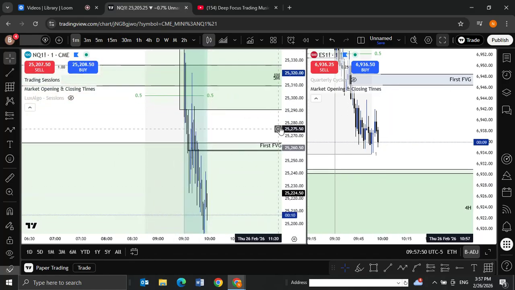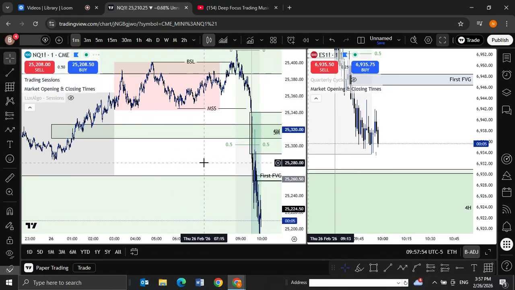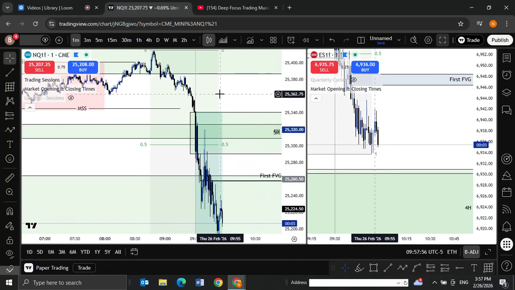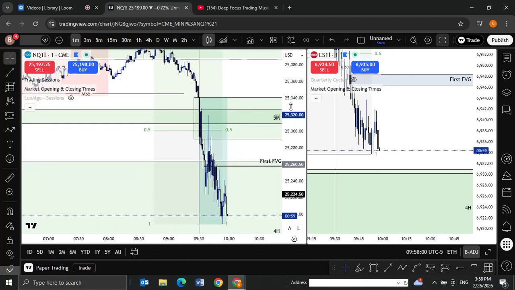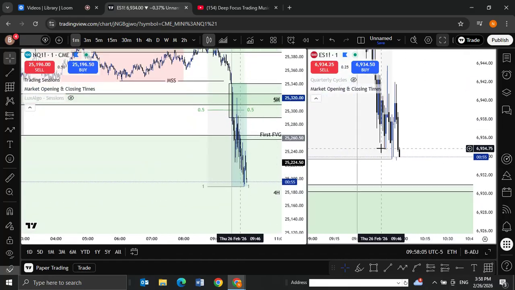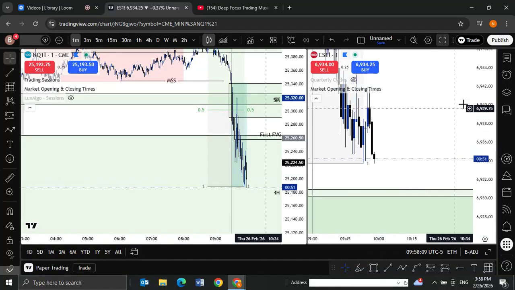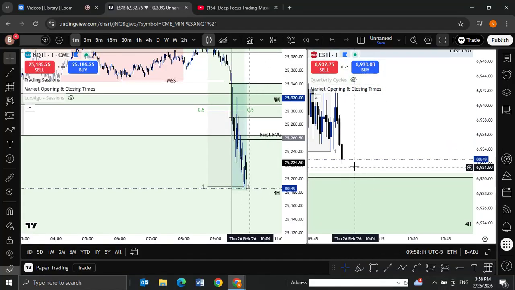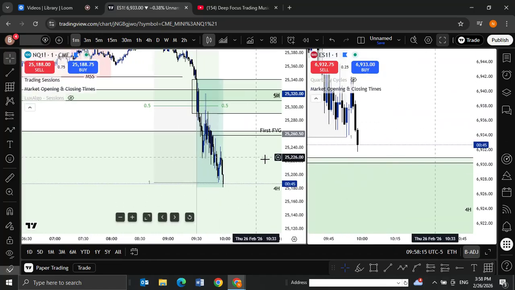This is just continuation, in my opinion. Sadly, I feel like I will not be able to enter because of price just accumulating. I don't think price needs to come back higher to deliver the zone. It's already a few pips, so no chance.